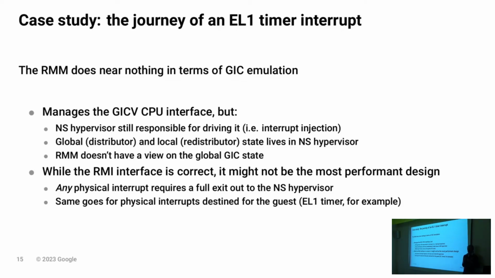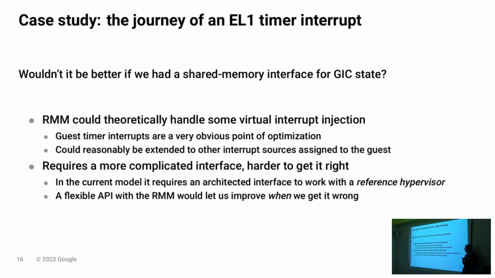So that means pretty much any time we need to do any interrupt handling, it has to go all the way over to the non-secure world. And this is normal for physical interrupts, right? You don't want the RMM handling unrelated physical interrupts in the system. But it really gets in the way of us optimizing virtual interrupt injection. One example of that is the EL1 timer.